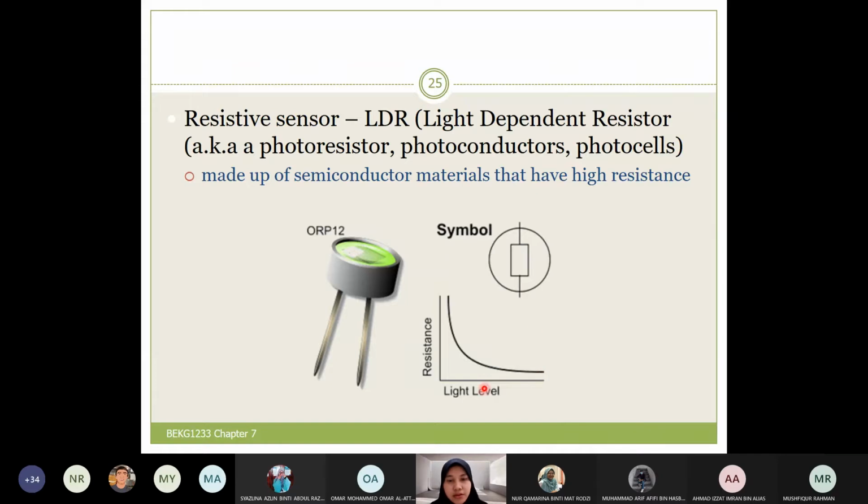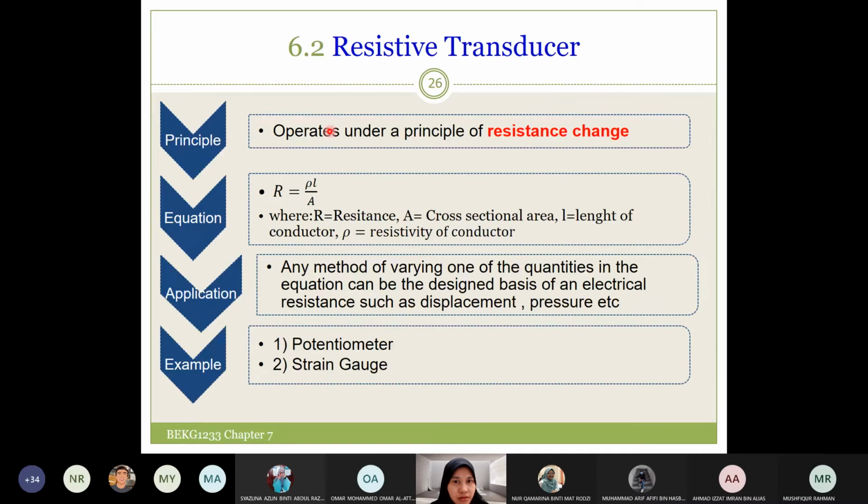So the light intensity is inversely proportional to the resistance for LDR. So resistive transducer operates under principle of resistance change. That's how we call it resistive transducer.